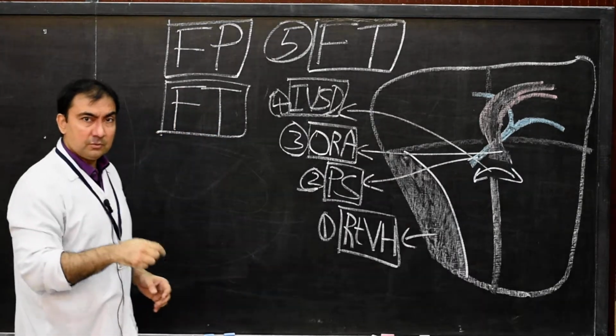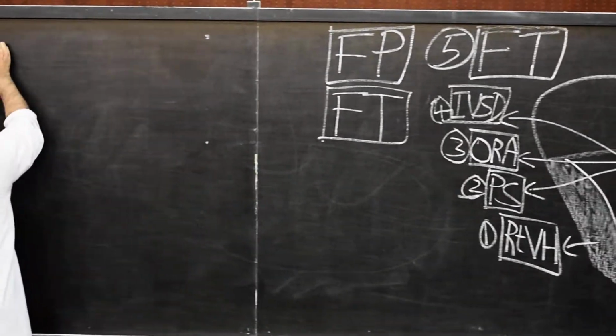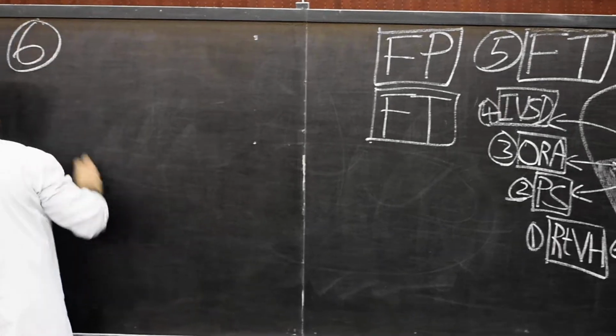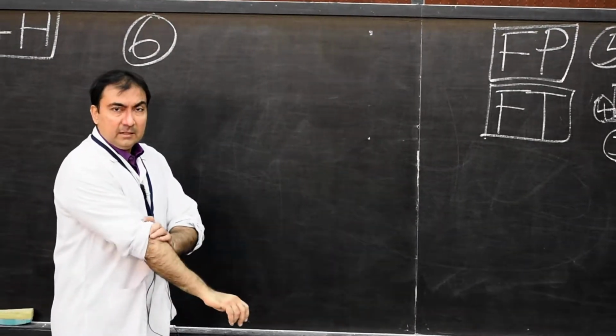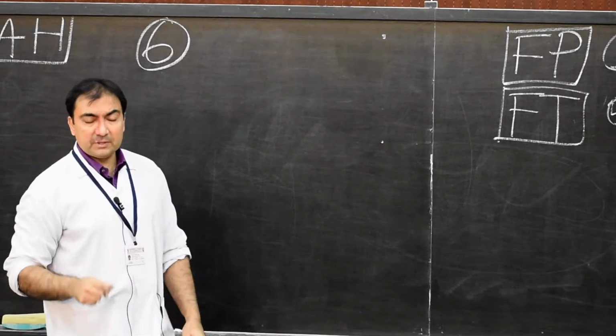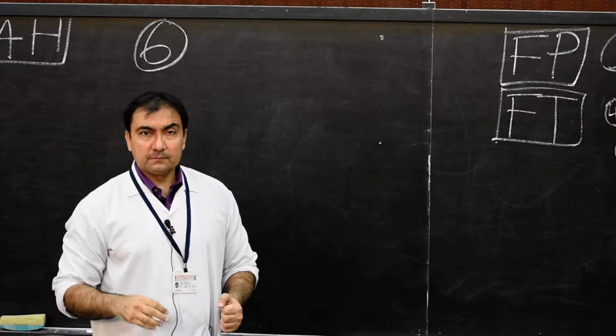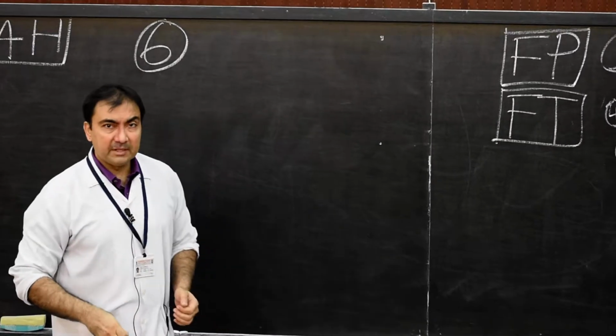And now we come to number 6 anomaly. Please come on this side. So number 6 anomaly will be the last one. Transposition of aorta and pulmonary trunk.